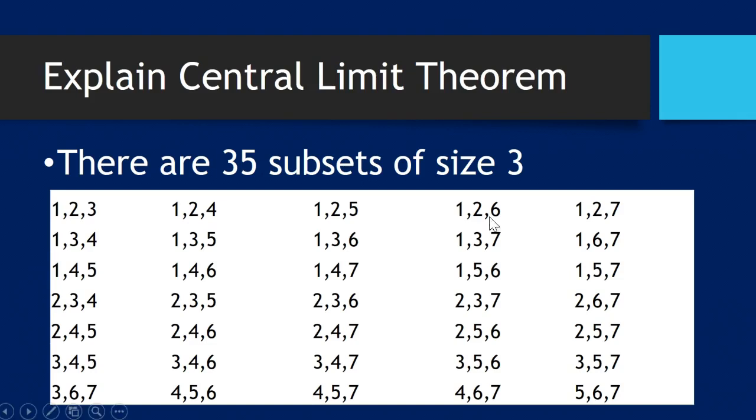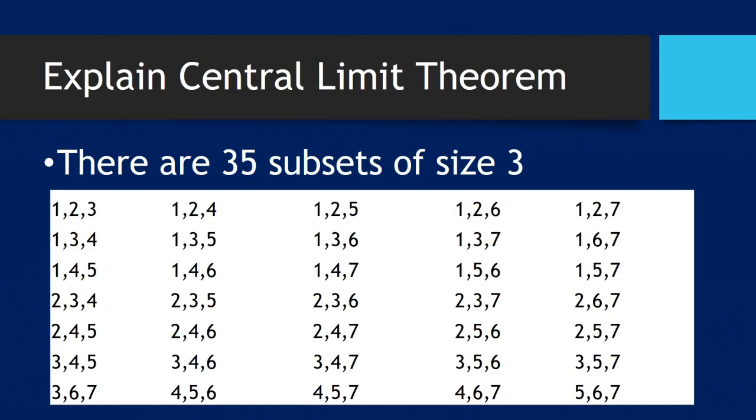What's the average of the 3 numbers? For instance, if I take the numbers 1, 3, and 7, that's 11 divided by 3, which is 3.67, rounded to 2 decimal places. So 1, 3, 7 has an average of 3.67.